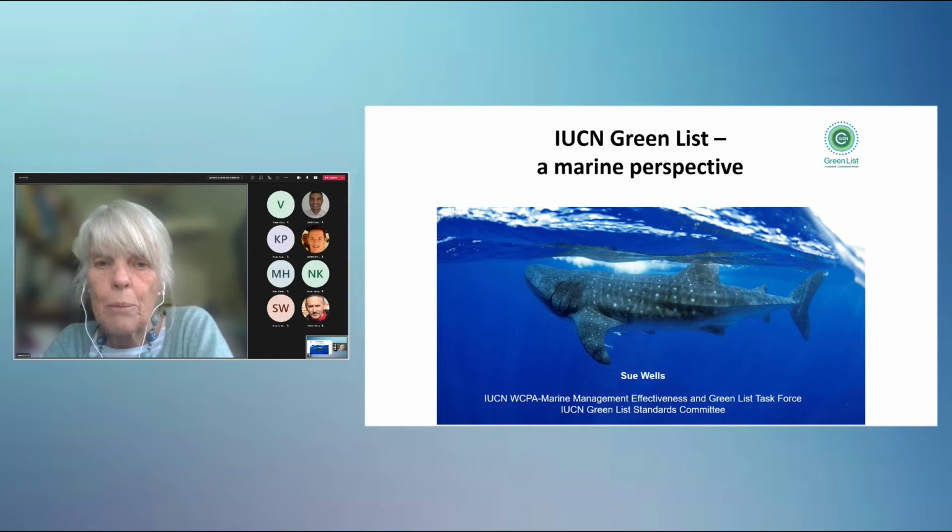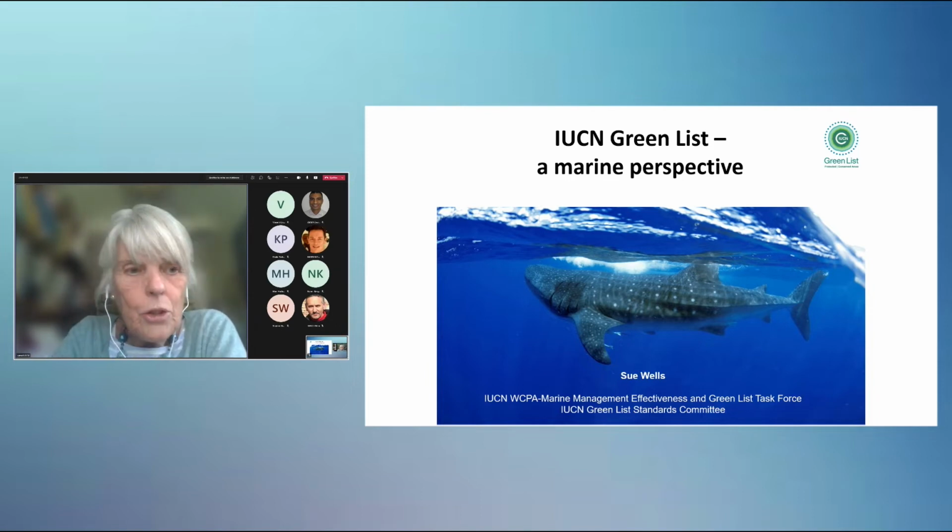We also, in the marine environment, have enormous interest and concern at the moment about what success means and what types of MPAs actually work and are effective. So there's an enormous opportunity here for the Green List in terms of expanding its program and benefiting MPAs jointly.